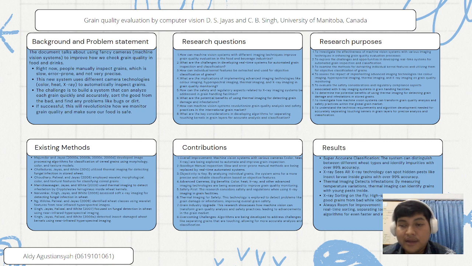Thermal imaging detects infestation. X-ray sorting on the fly. Always room for improvement. Researchers are working on real-time sorting, separating touching grains, and improving algorithms for even faster and more accurate grain analysis, which means this paper is still continuing because there is always room for improvement.